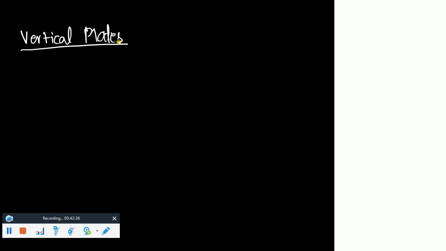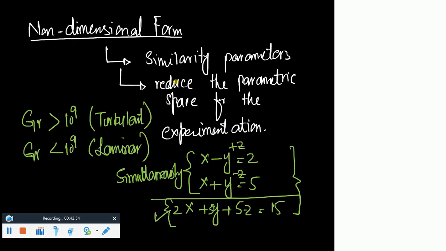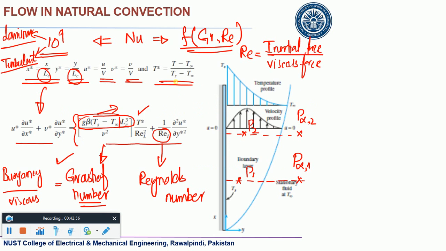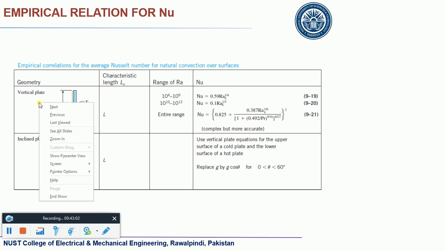So we have two conditions for the vertical plates. How many boundary conditions are possible? Either you define temperature or you define flux. There is a table given in your book which represents all of those correlations.